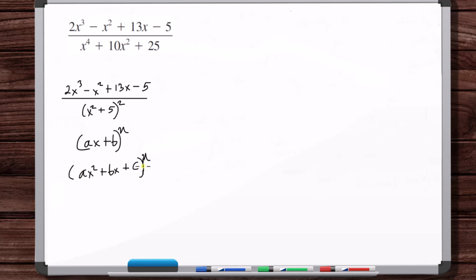Okay, so next step is we write out the form of the decomposition, and again, we're completely ignoring the numerator, even at this step. Okay, so how do we write out the form of the decomposition for a quadratic factor to a power other than 1? It's the exact same concept as what you do for linear factors raised to a power other than 1.